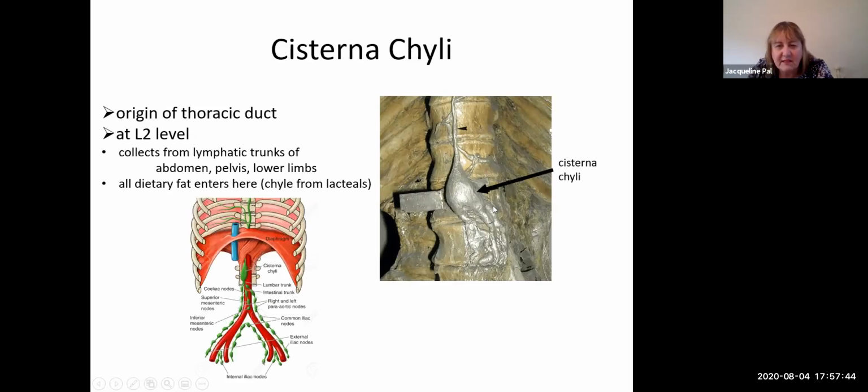So that's what these little legs coming up to it from below, as well as all the dietary fat. So the A, D, E, and K, and everything coming in that's in the chyle, this is where it's draining. And this picture on the lower left shows some lymphatic trunks coming from the pelvis and the lower extremities next to the major blood vessels dumping into the Cisterna Chyli.